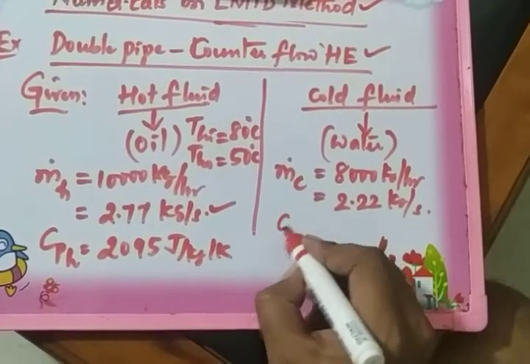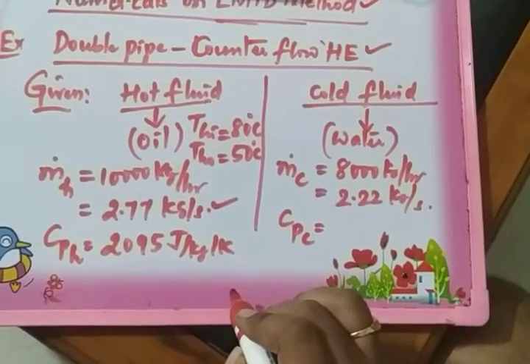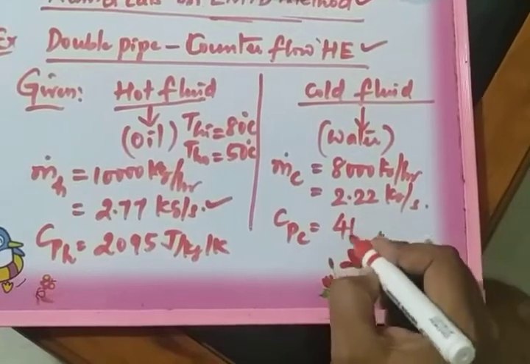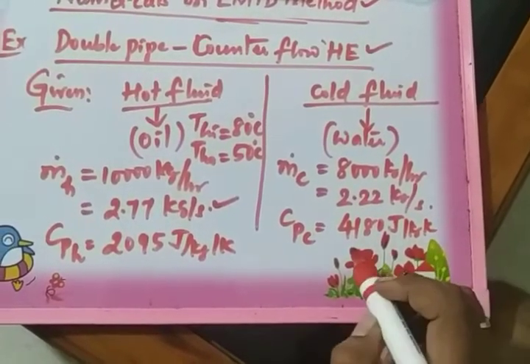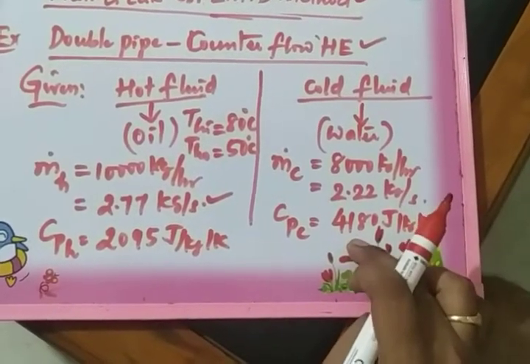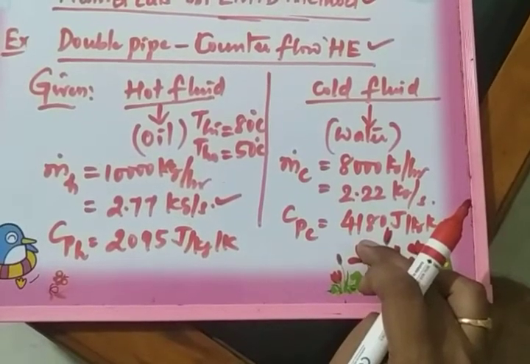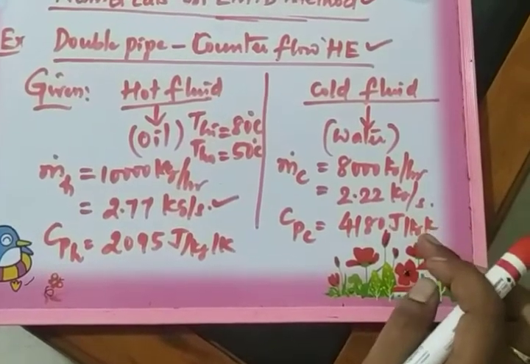So the mass flow rate of water is given. Now along with that, he has also given you the specific heat of water. It is given as 4180 joules per kg Kelvin. In some of the numericals, this value will not be given, so you need to remember this as a standard value. It is 4.180 or 4180 joules per kg Kelvin. Okay.